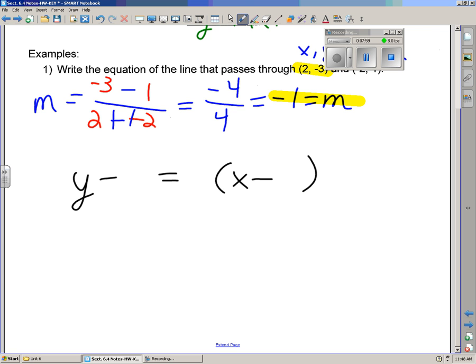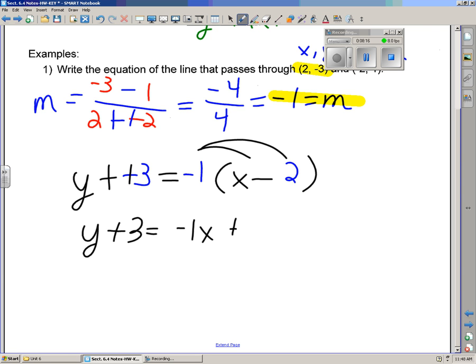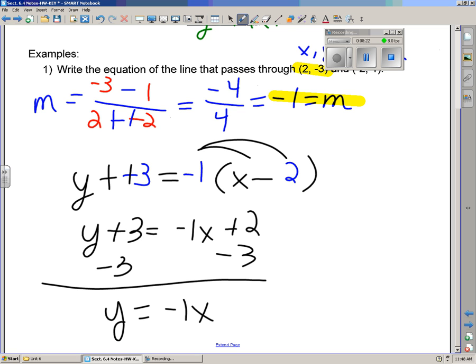And I'm going to dump in here y minus -3 was the y that we used from the point, equals m, which is -1, and then the x from that point is -2, or just 2, excuse me. Double negatives. Y plus 3 equals, distribute, -1x plus 2. Subtract by 3 on both sides. Y equals -1x minus 1.